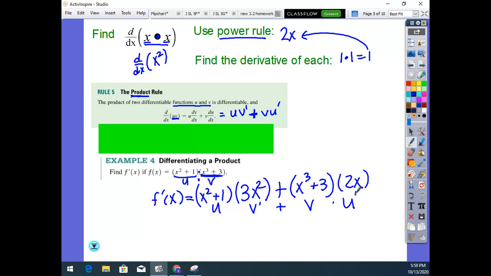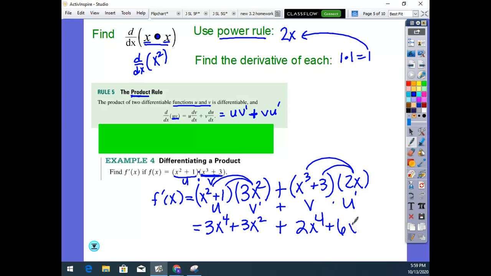Now I'm going to simplify. Just distribute backwards. 3x squared times x squared is 3x to the fourth plus 3x squared. Bring down the plus. Now distribute the 2x: 2x to the fourth plus 6x.